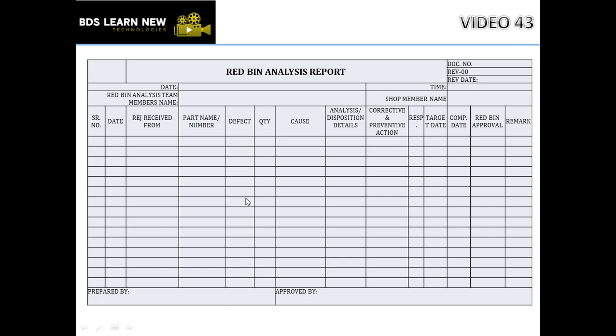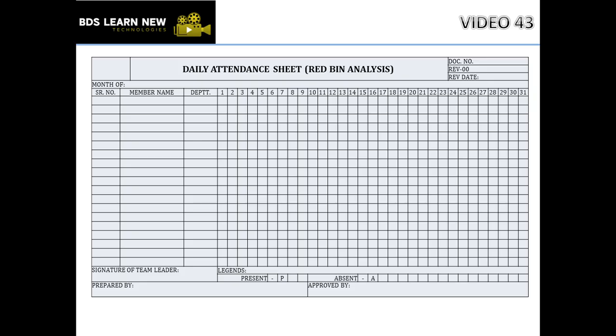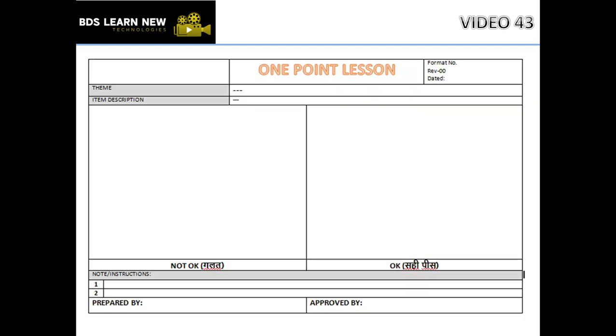Serial number, date, rejection received from, part number or name, defect, quantity, cause, analysis or disposition details, then corrective and preventive action, responsibility, target date, completion date, then red bin approval, etc. So we have to maintain this red bin analysis report. Then this is the daily attendance sheet, a similar attendance sheet we are maintaining for this red bin analysis meeting.